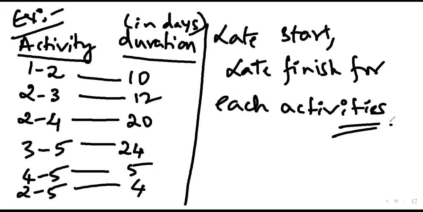Just try to find it out. Possibly this will be an assignment for you. You do it by yourself, and possibly in tomorrow's class, we will completely solve this problem.